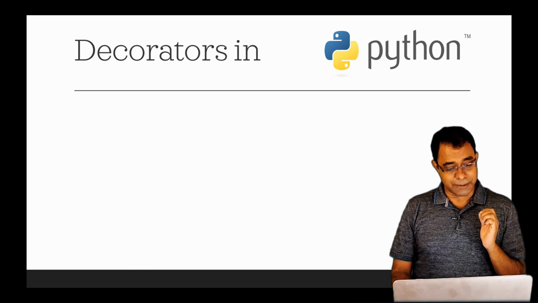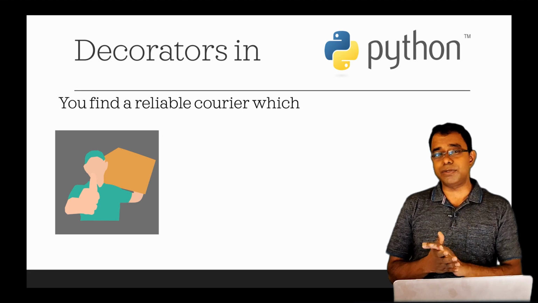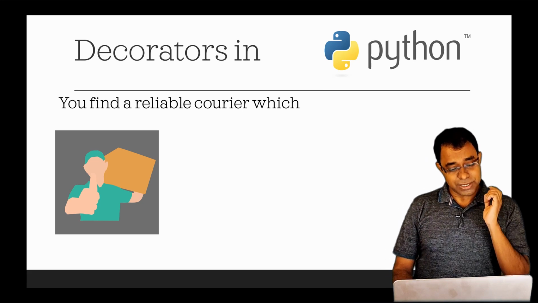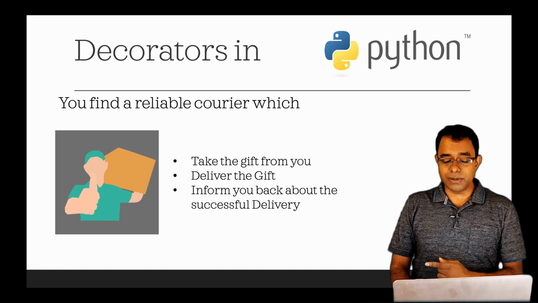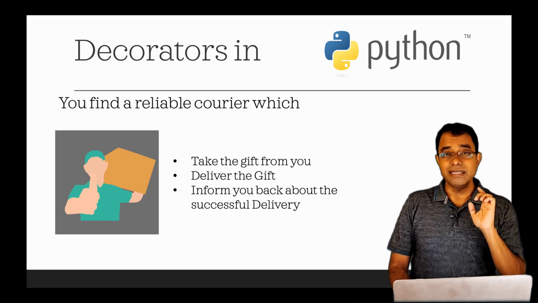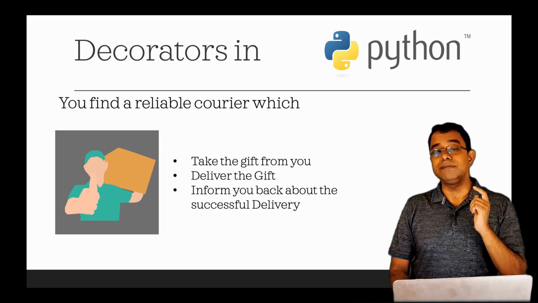What you do is that you find a reliable courier or post office to send your gift. You need this particular person who can take the gift from you, deliver your gift, and inform you back about the successful delivery. This is what is done when you send a gift to someone who is not in the same physical location.